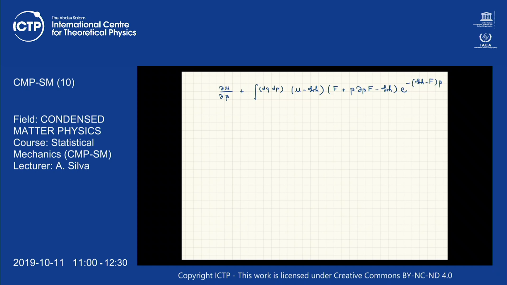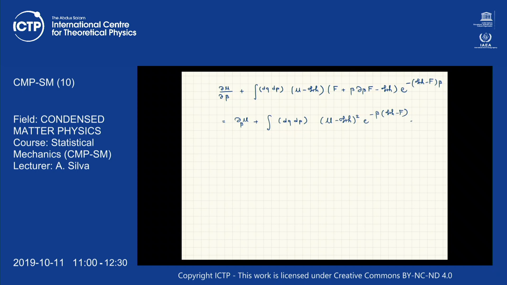So this tells me that this is equal to dU d beta plus, now think for a second, f plus beta d beta f is equal to f minus T dT f, which is equal to f plus TS, which is equal to the internal energy, U. Therefore, this is equal to the integral dq dp of (U minus h) squared e to the minus beta (h minus f).